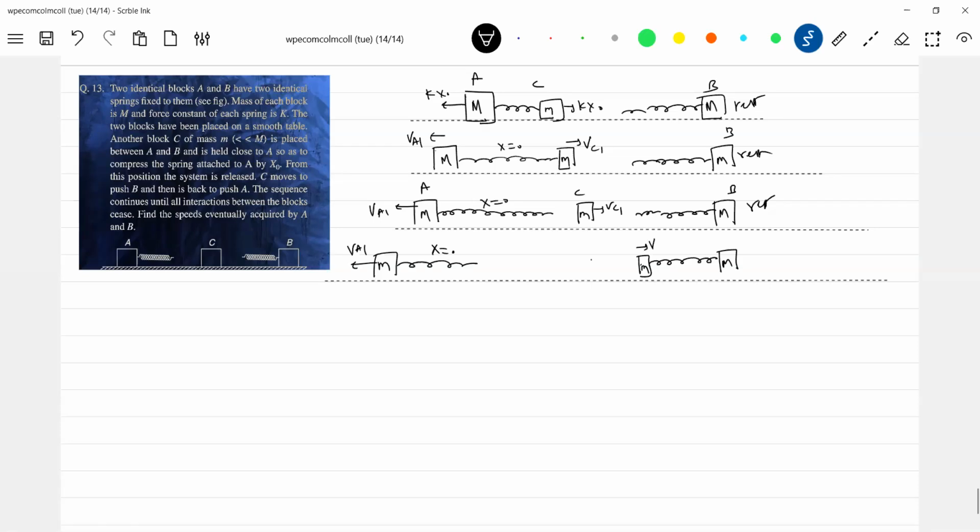What will happen to the velocity of the block? This will start decreasing, and this will be increasing. VB2, let me write it. VC. So this will be under compression, no? KX2, I'll write it. Then maximum compression will occur.